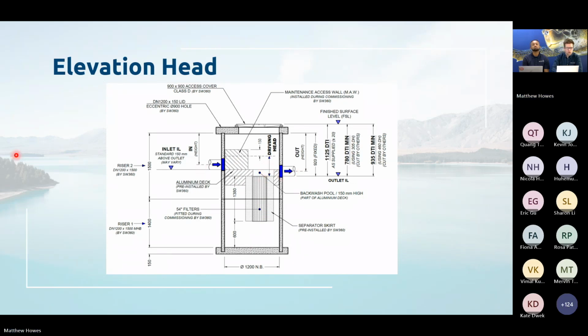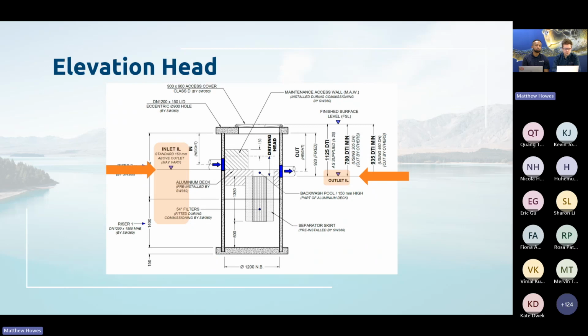So with a jellyfish filter, you have an outlet invert level and you have an inlet, but there is a range of inlets for the jellyfish. There can be a range of differences between the inlet and outlet on a jellyfish.